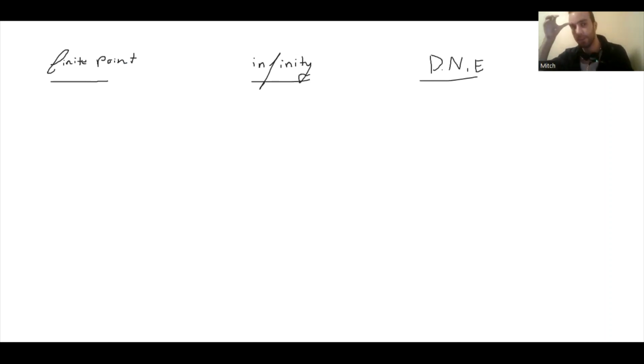And the main idea with how to evaluate these is you're always going to try and look to see if that limit exists and it is a finite point, because that's always the nicest case. And so you want to see, first of all, is this a smooth function where it's defined at that point?